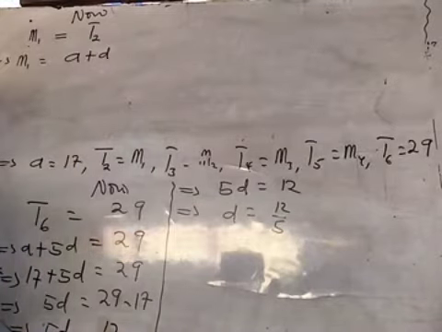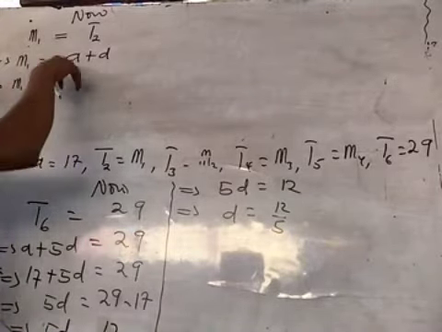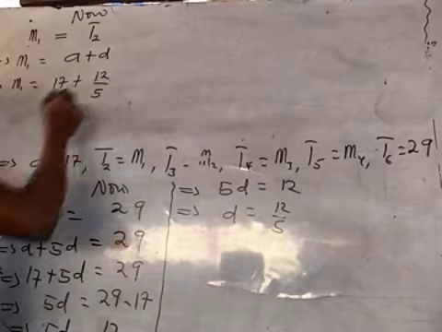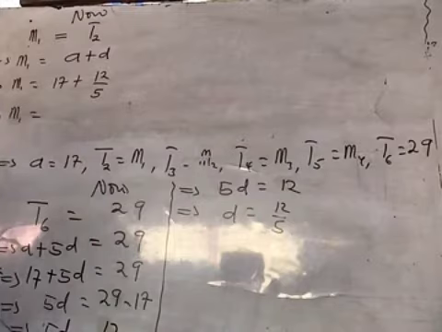I believe you will never forget this. So M1 will be equal to, remember, the value of a is 17, plus the value of d, which is 12 over 5.